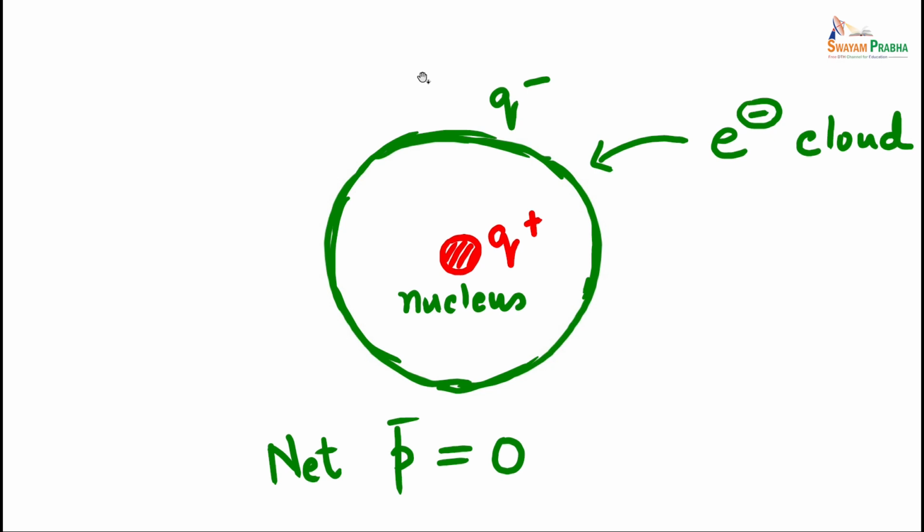There is a nucleus Q plus in the center, and an electron cloud surrounding it, Q minus. So it appears there is a separation of plus and minus charges, but if you do the averaging, for every Q minus at the top there is a Q minus at the bottom, and from the symmetry, the total dipole moment is 0.